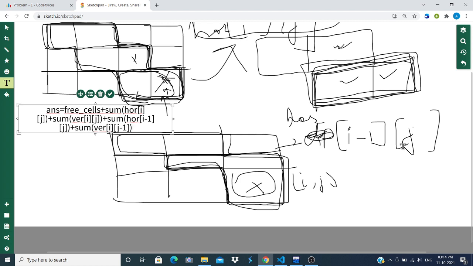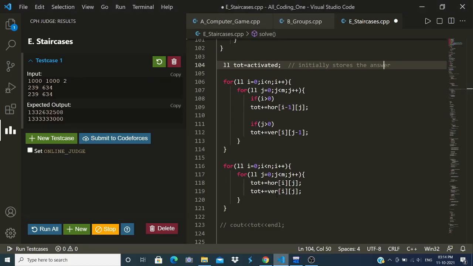So this will be our answer if we had no queries and all the cells were free, right? This would have been the answer. So this is basically what I have done.